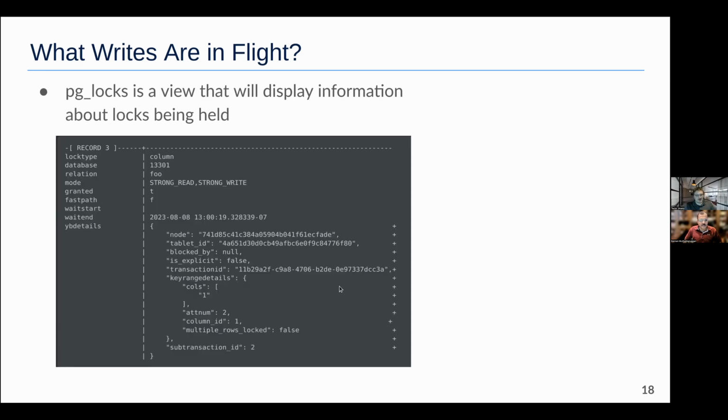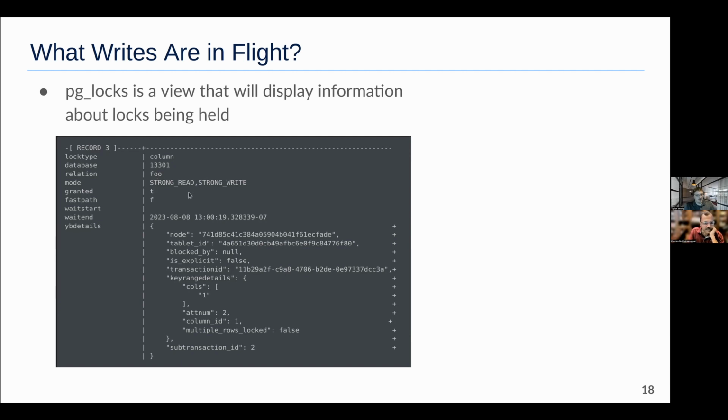Here is the pg_locks view. Here are all of the columns relevant to Yugabyte. You have your lock type. You have the database the lock is being held in. You have the relation that is being locked.